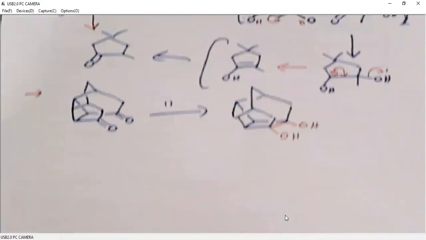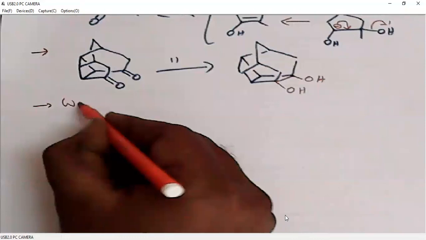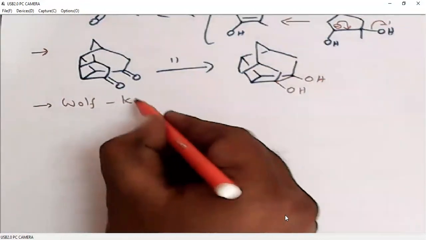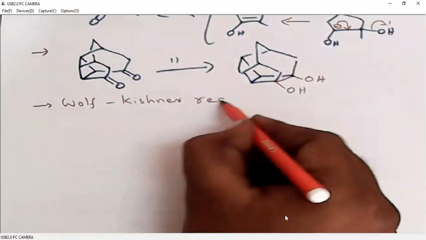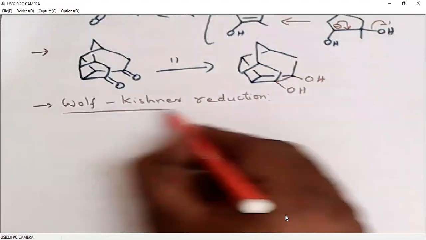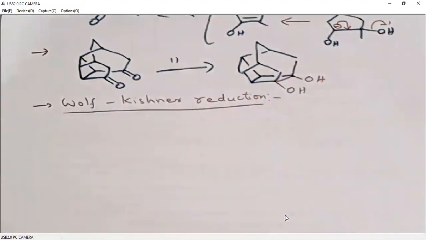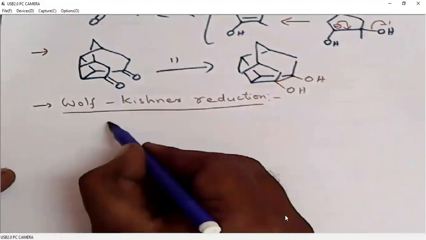Then alternatively, we can use Wolff-Kishner reduction conditions, which are basic reaction conditions. So acid sensitive functional groups will not be deprotected. So what is Wolff-Kishner reduction?